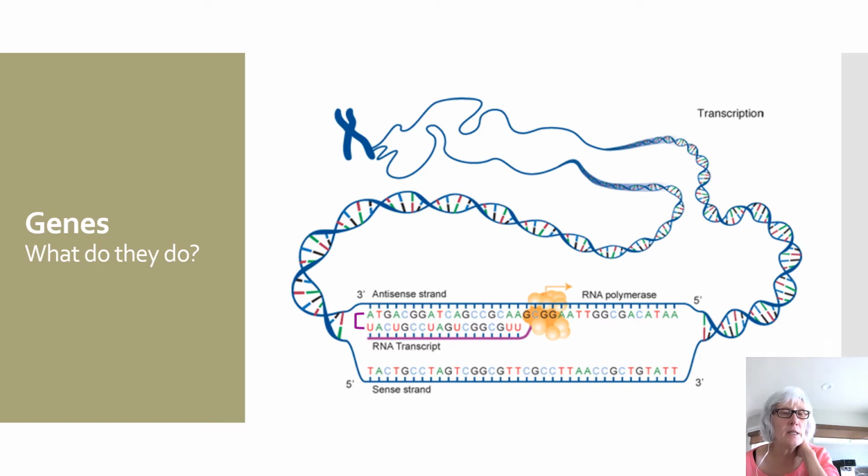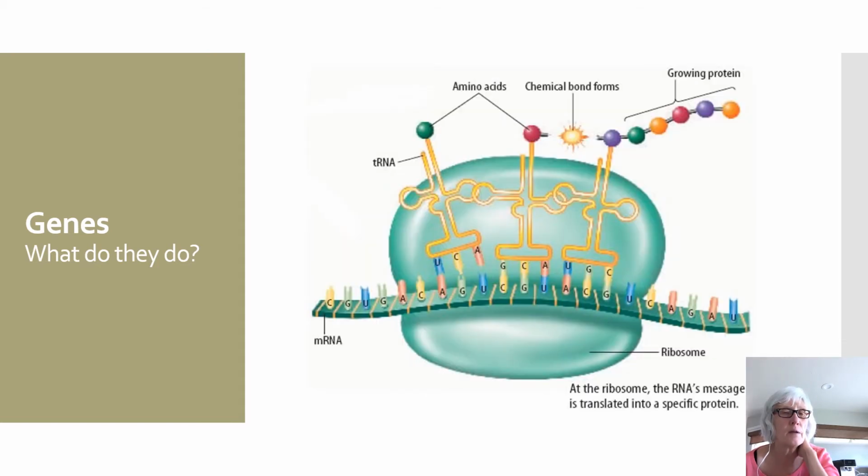The nucleotides that we pair with those DNA deoxyribonucleotides are of the RNA variety. Those ribonucleotides are assembled in a line to create an RNA transcript.